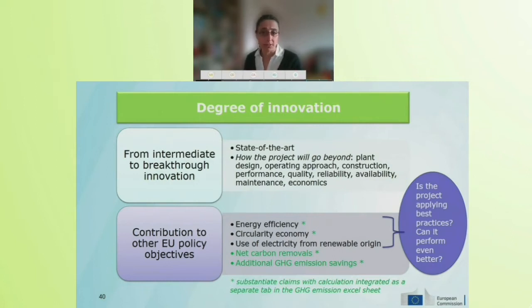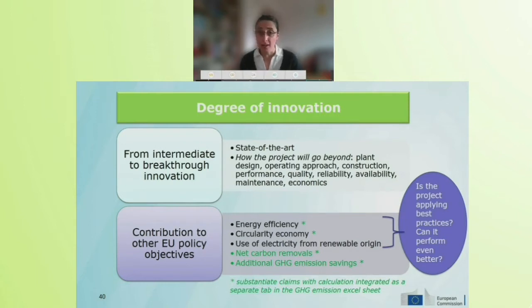There are certain emissions that you're not supposed to take into consideration, and then they can lead to additional greenhouse gas emission savings. So if we take, for example, a facility for production of batteries, the calculation is done based on the use of these batteries in real life, for example, in vehicles later on. This is how you do the calculation of greenhouse gas emission savings.